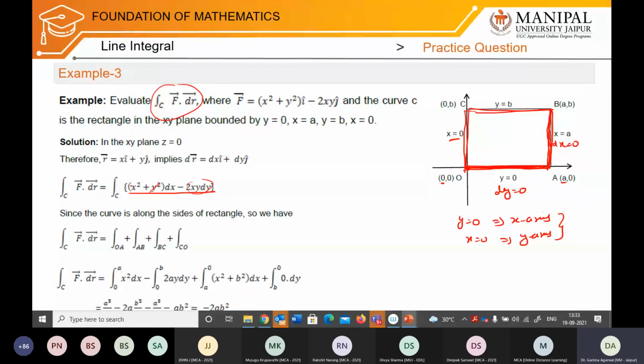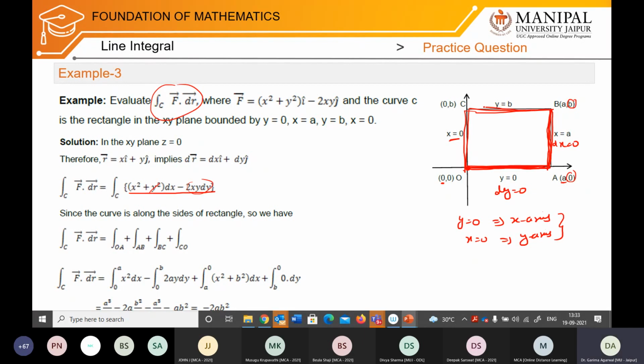So just substitute the value of x, a and dx 0. So if dx is 0, this term will be 0. It is minus 2ay dy. Now the limit of y will be 0 to b. X is equal to a, constant on both the coordinates. So the limit of y will be 0 to b.